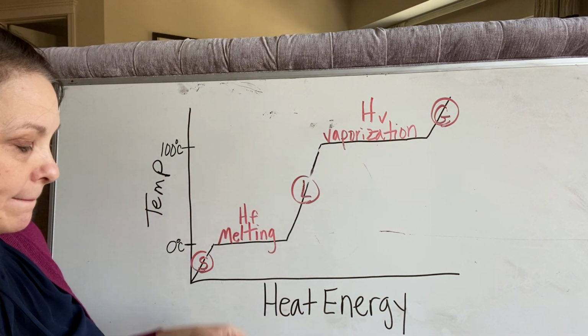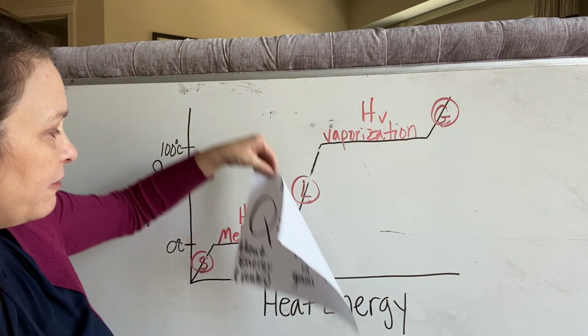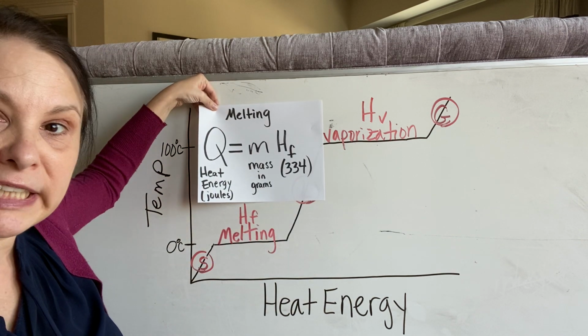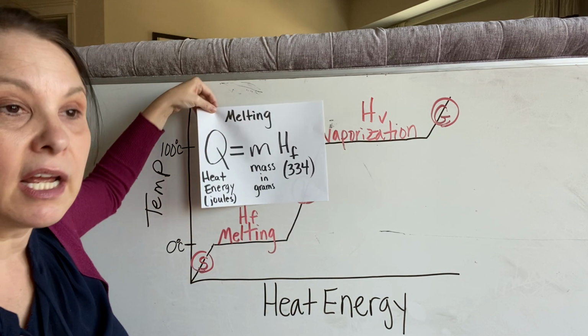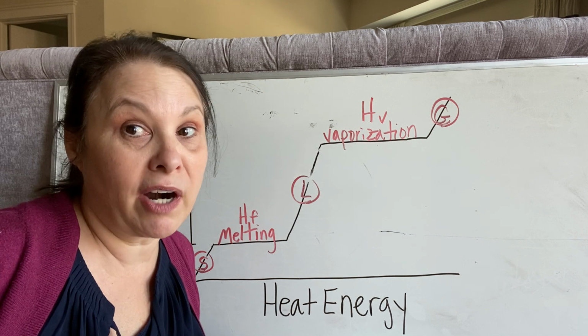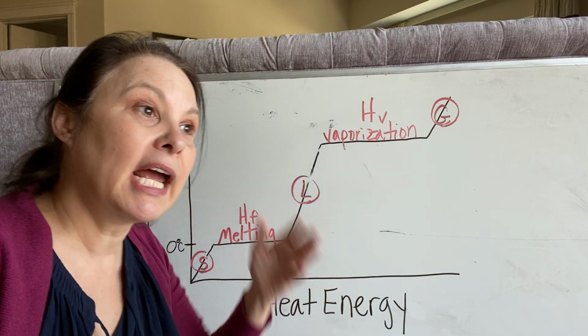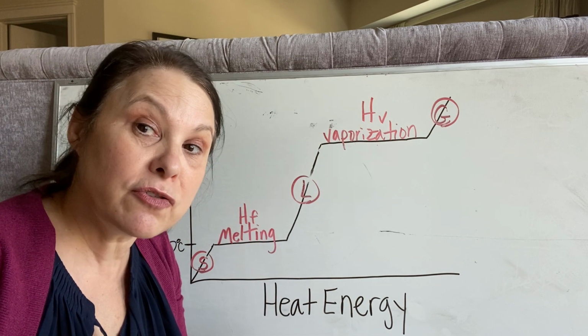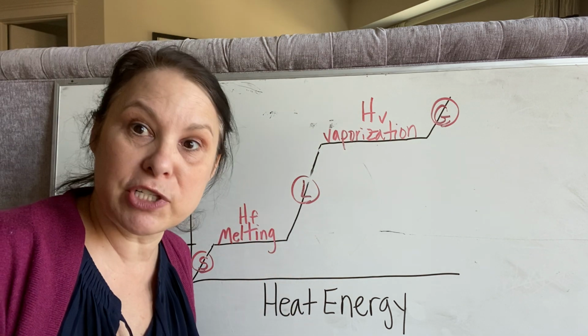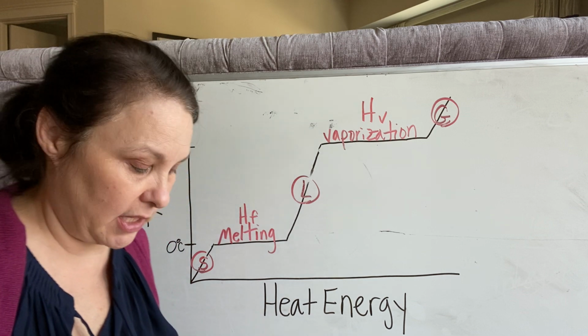So let's talk about melting. This, my friends, is the melting formula. Now, I hope you know that it requires some heat to melt some ice. If we're going to melt something, it takes a certain amount of heat to do that. So how do you know how much heat it takes to melt something?